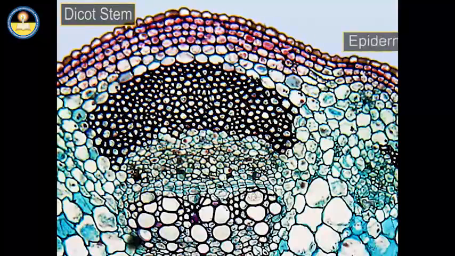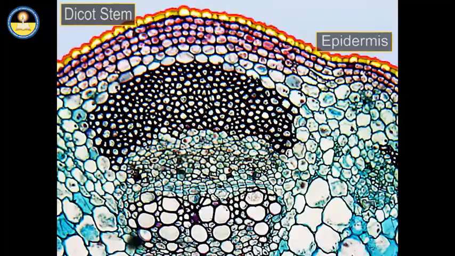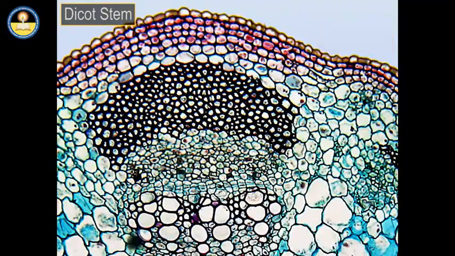The epidermis consists of a single layer of parenchymatous cells which are closely packed. The walls are covered with a thin waterproof layer called the cuticle. Main function of the epidermis is to protect the underlying tissues. Cortex. The region is present inside of the epidermis.